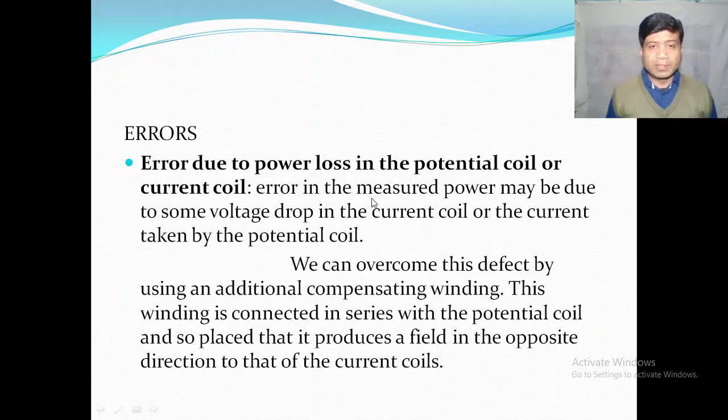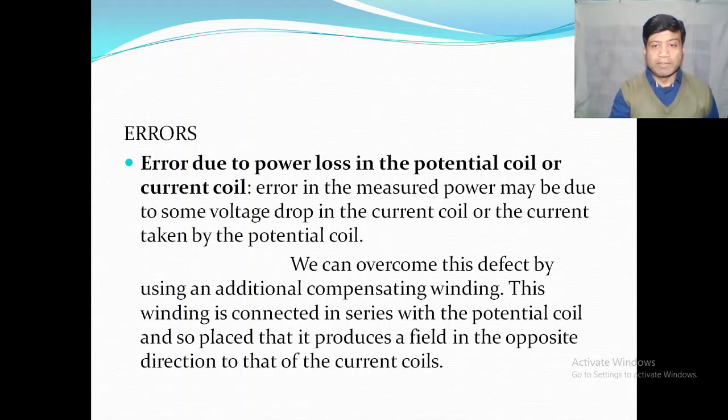So to remove this type of error, we use compensating windings. Compensating winding can be used here. This winding is connected in series with the potential coil so that it produces a field in the opposite direction to the current coils.